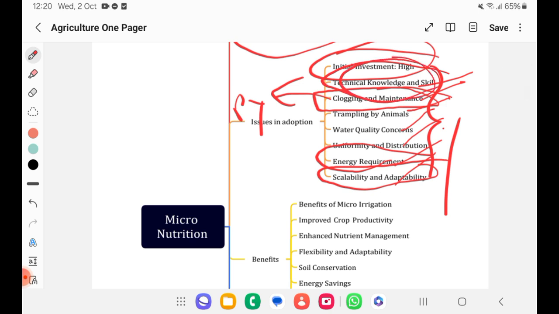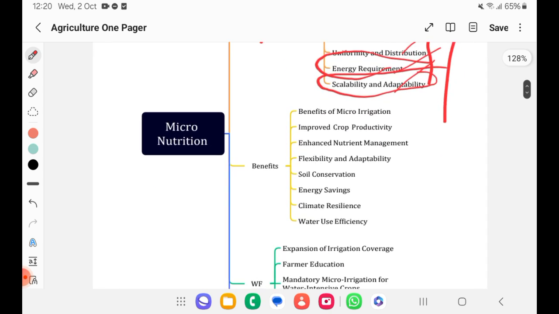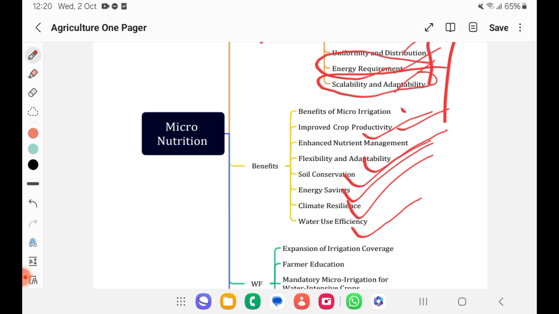Benefits, there are so many benefits. Improved crop productivity will increase, water use efficiency will be more, climate resilient, energy saving, soil conservation, flexibility, adaptability, nutrient management. Whatever you remembered here as a benefit you can write here.